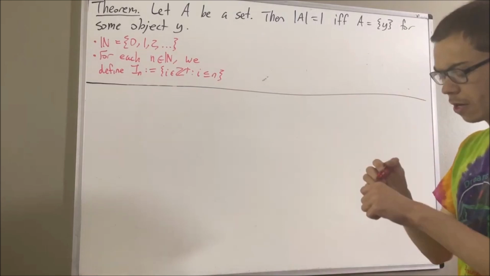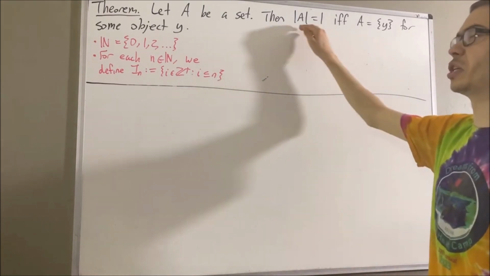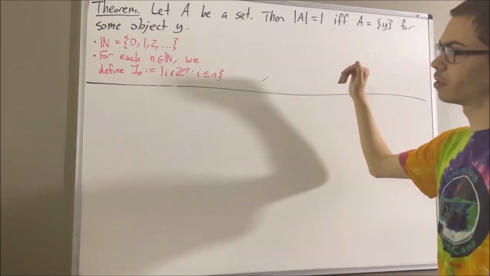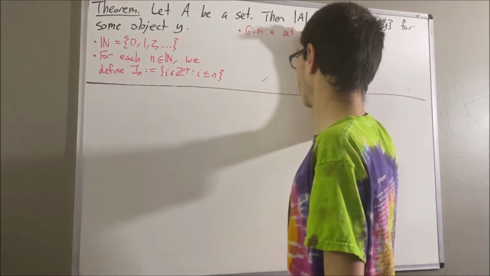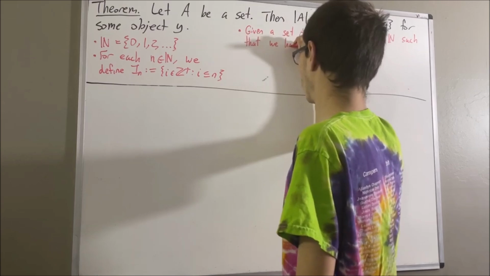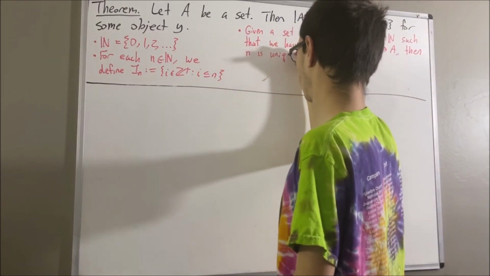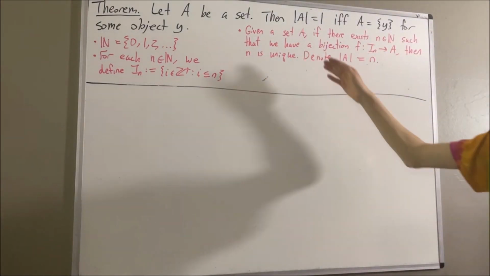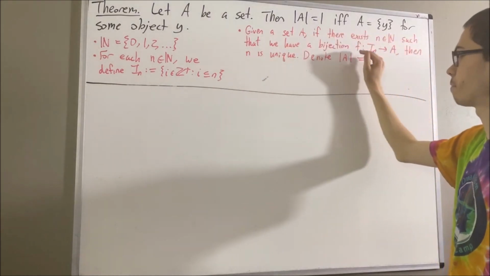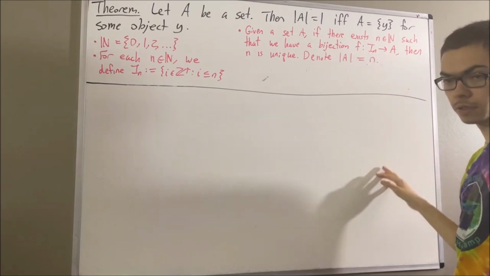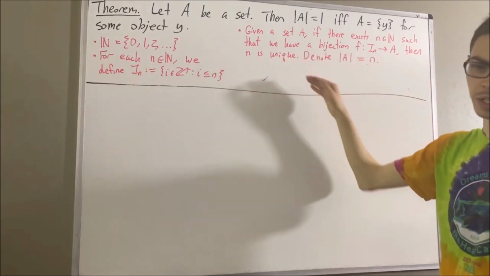Okay, now, what do we mean by number of elements? Well, what we mean here is the following. Given a set A, if there exists a natural number n such that we have a bijection f from I_n to A, then n is unique.